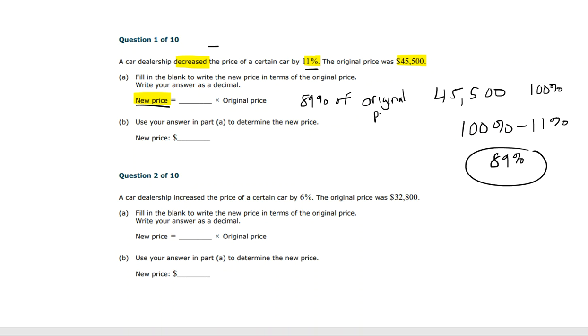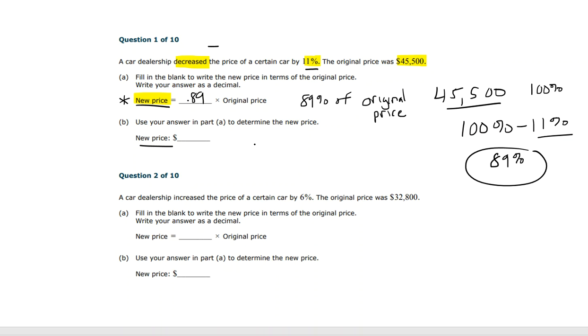You only have to pay 89% of the original price because 11% is being decreased from the starting price. Now, to put this as an expression, we change 89% to 0.89. So the new price is going to be 0.89 times the original price.